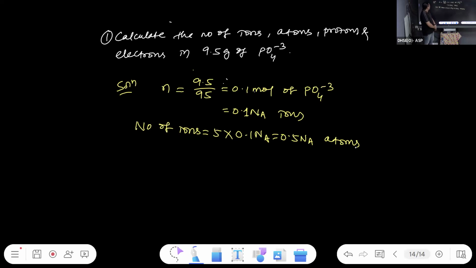The second part, number of atoms, is 0.5 Na.